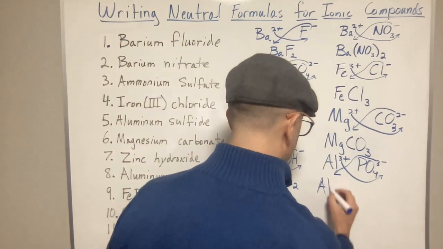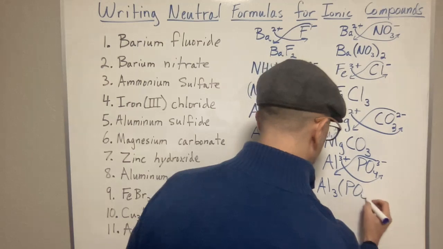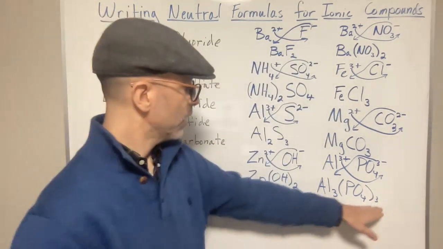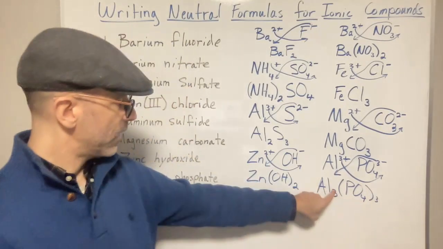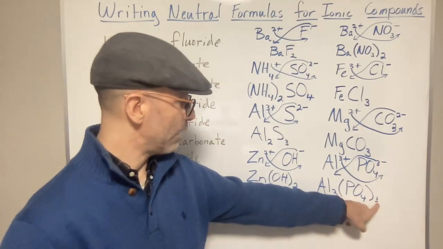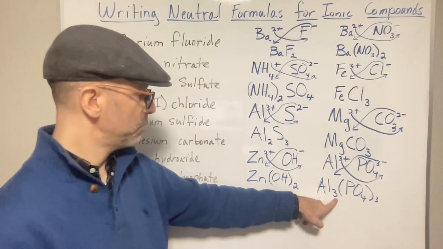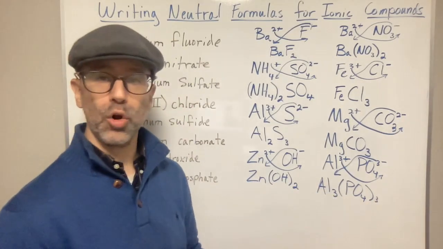And so we write aluminum 3, PO4 3. Notice the 3 is on the outside. So PO4 we don't do anything to. And so now we're looking at the subscripts, the subscript on the outside of the parentheses with the subscript for the monatomic aluminum. And we see that that can be reduced. 3 to 3 can go to 1 to 1.